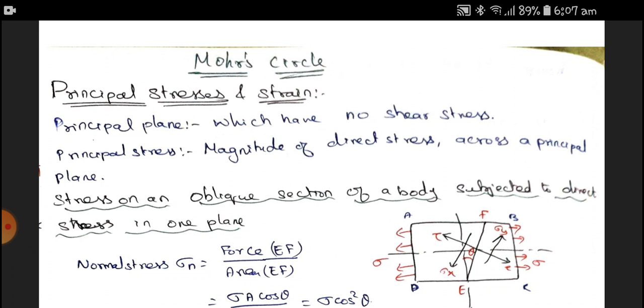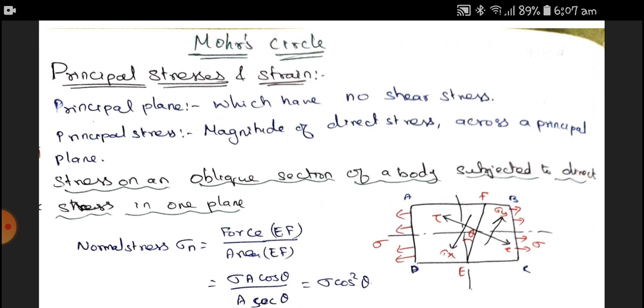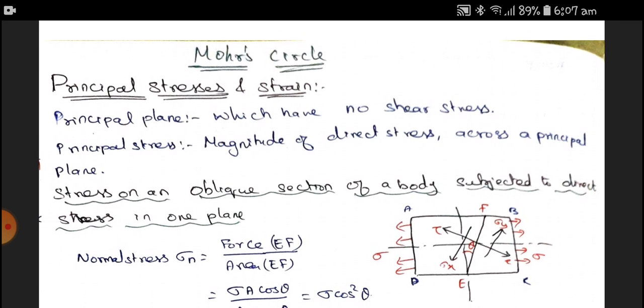Today's topic is Mohr's circle. Mohr's circle is a graphical method for finding different kinds of stresses acting in a body when the body is subjected to mutually perpendicular or oblique stresses.